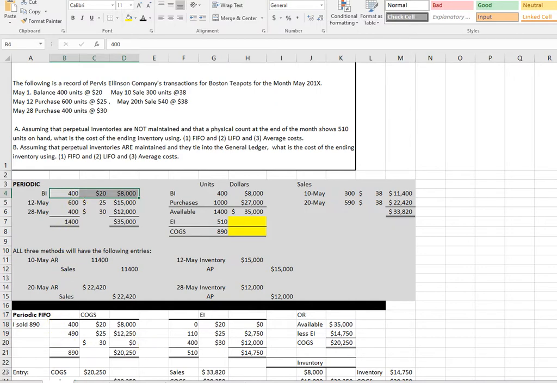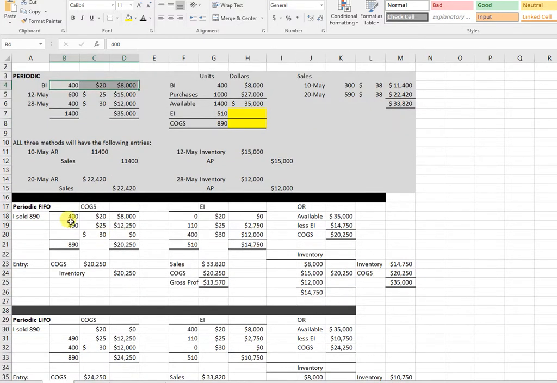I just have my Excel spreadsheet set up so it'll add and subtract for me. So the $20 ones, I sold 400, I have 0 left for ending inventory. Of the 600 at $25, I sold 490 because I need to sell 890. And then 600 minus 490 is 110 of the $25 ones.